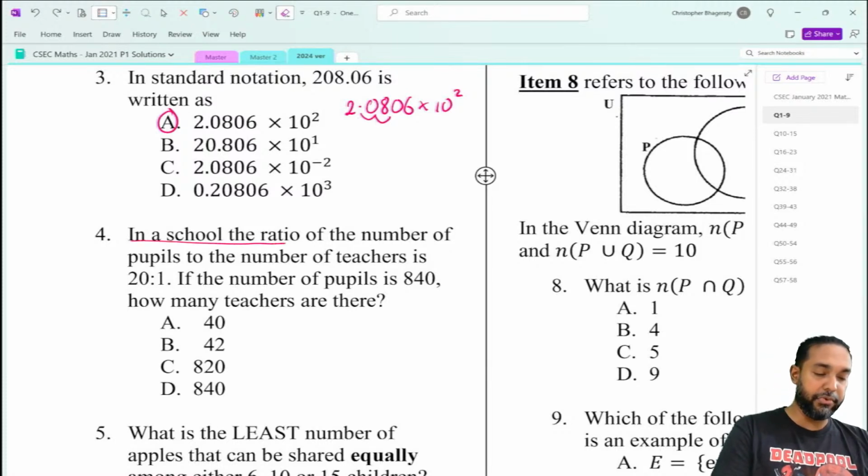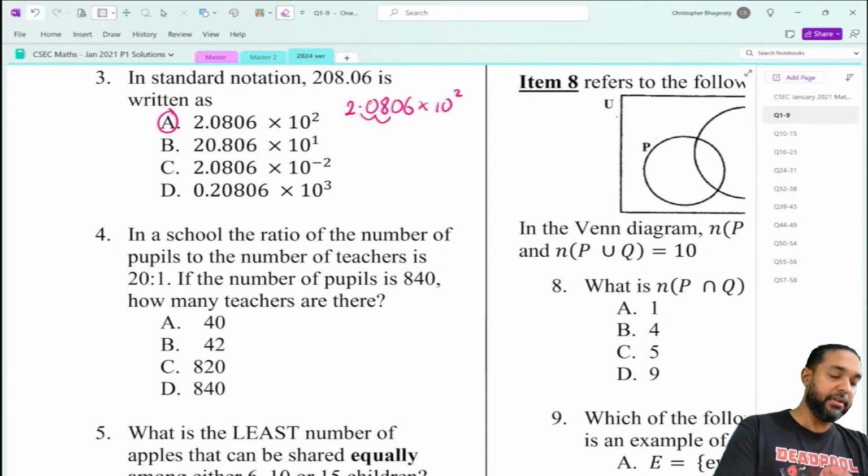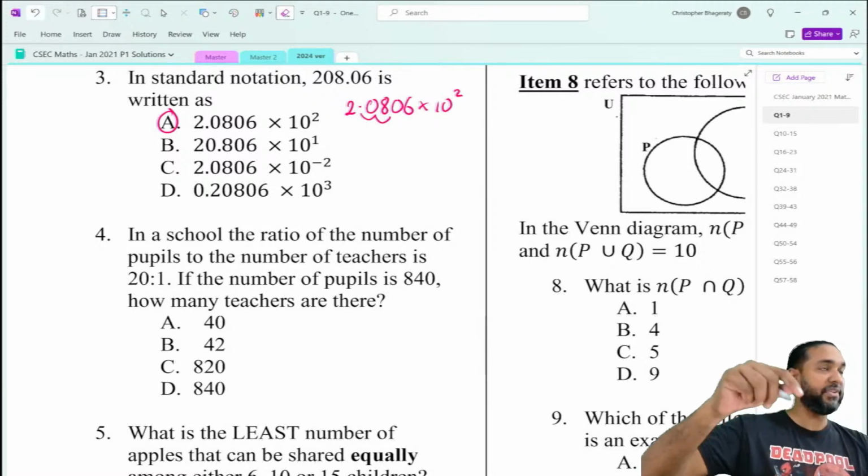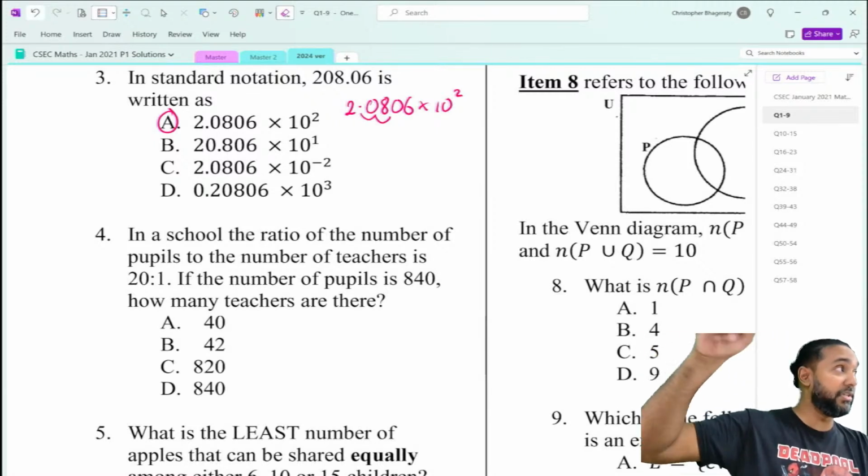In a school, the ratio of the number of pupils to the number of teachers is 20 to 1. If the number of pupils is 840, how many teachers were there? Okay, so check this real easy way to work this. If you have a 20 to 1 ratio, there are 20 times as many students as teachers.